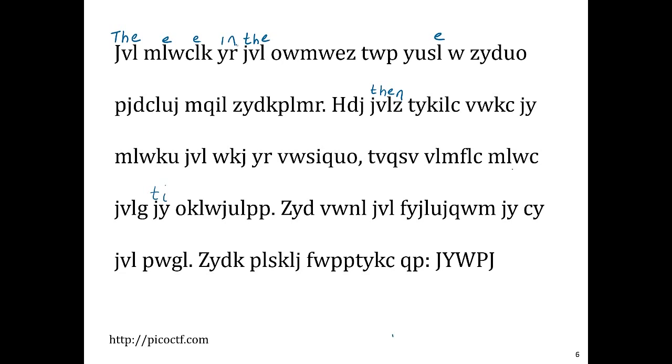So for example, if we tried to replace it with "on the", so Y maps to O, we would end up with TO, and that does make sense.